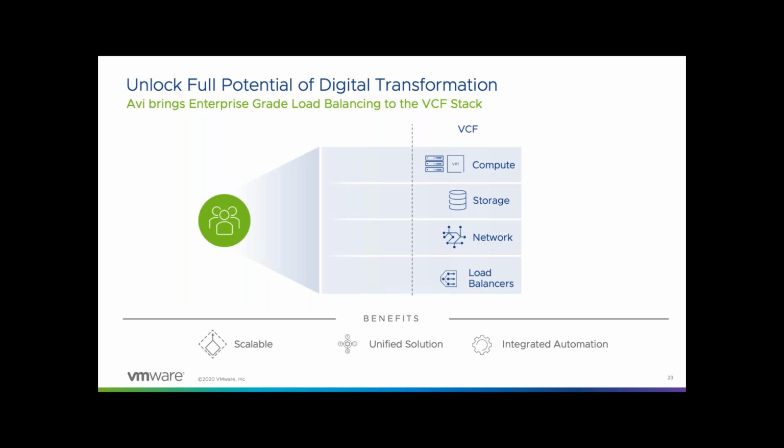With this, TCO considerably comes down because a unified solution helps drive down CapEx, and automation and self-service help lower OpEx. This effectively allows infrastructure to serve applications and businesses and not the other way around.